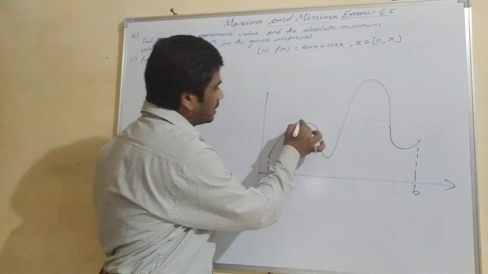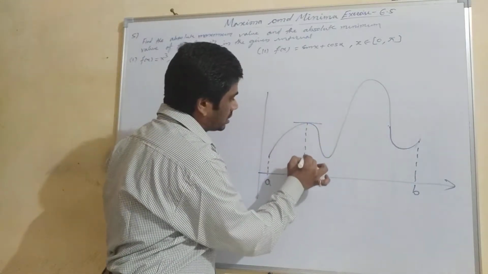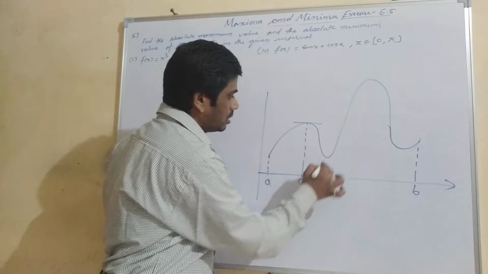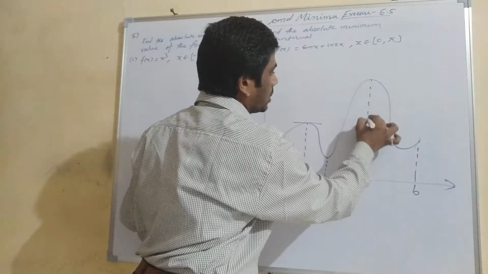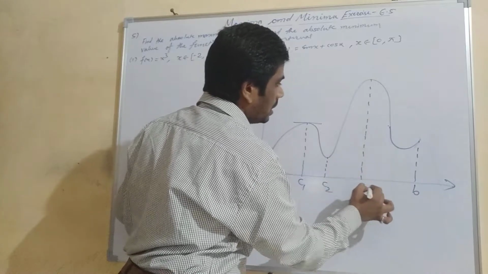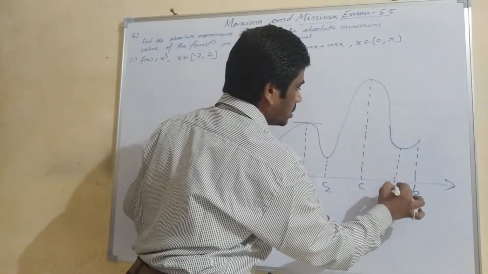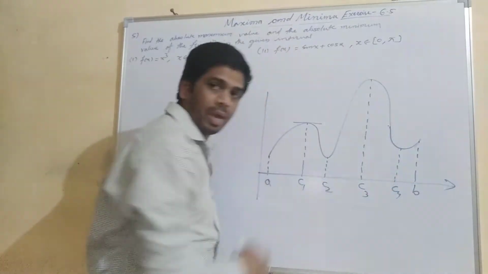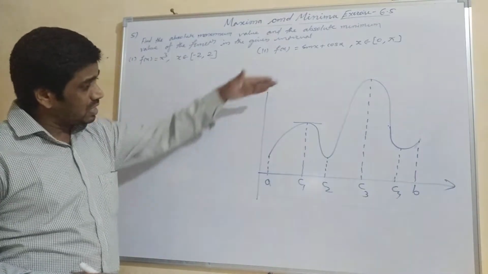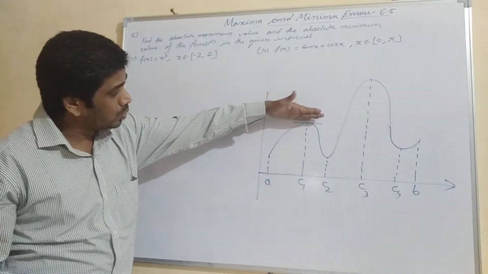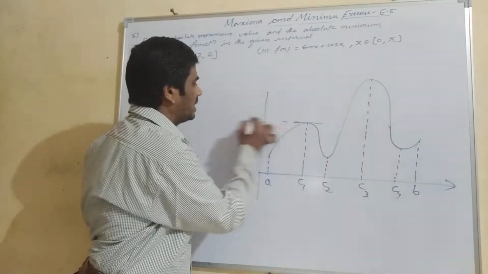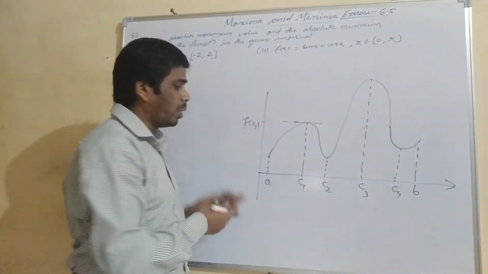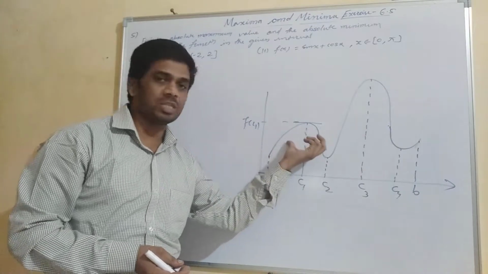You know that this point is the critical point c1, this is also critical point c2, this is c3, and this is c4. Here, whatever f(c) we get, f(c1) will be a local maxima for this interval.